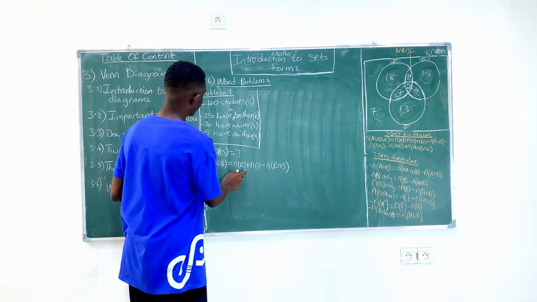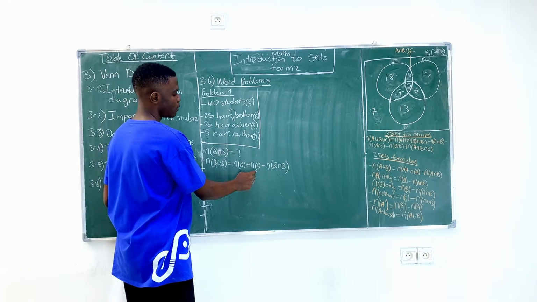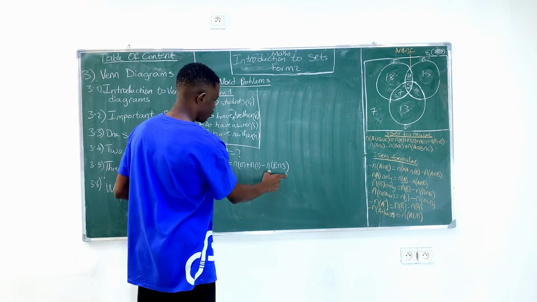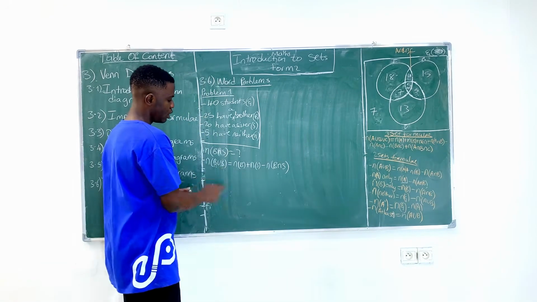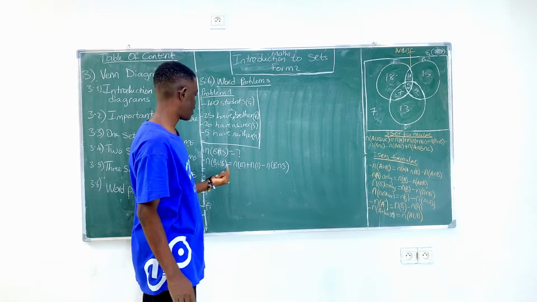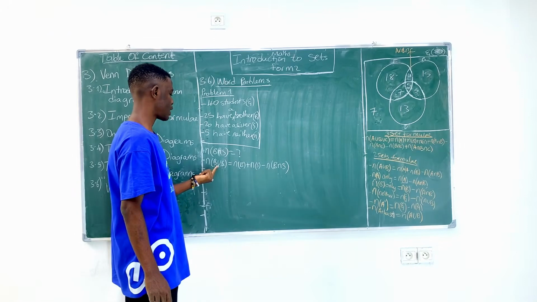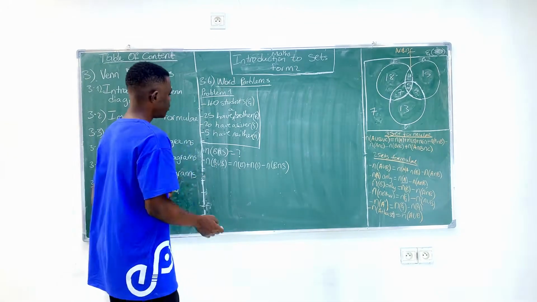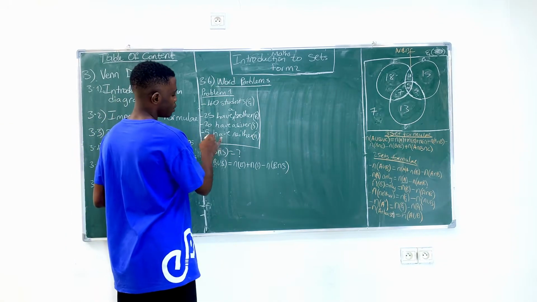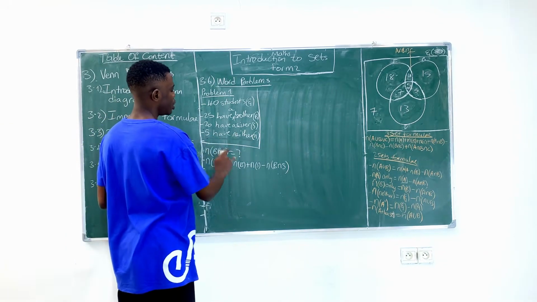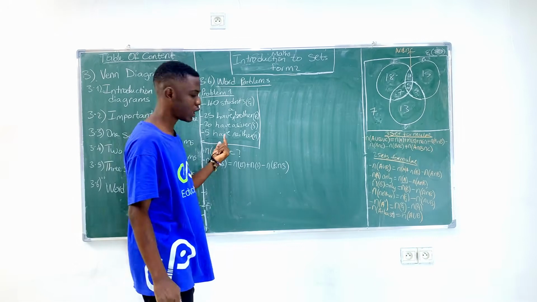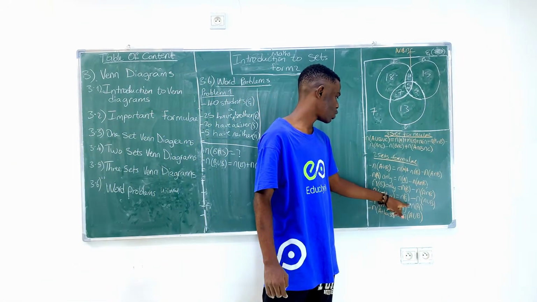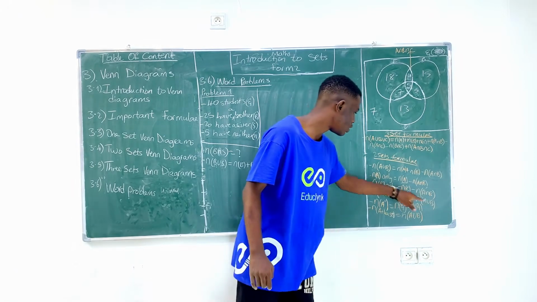Now we are given the number of brothers, 25, and the number of sisters, 20. This is what we are looking for, and we are not given the number of people that have both brothers and sisters. No, we have been given the number of people that have neither. With the number of people that have neither, you can actually find this. Neither is equal to your sample space minus n of A union B.